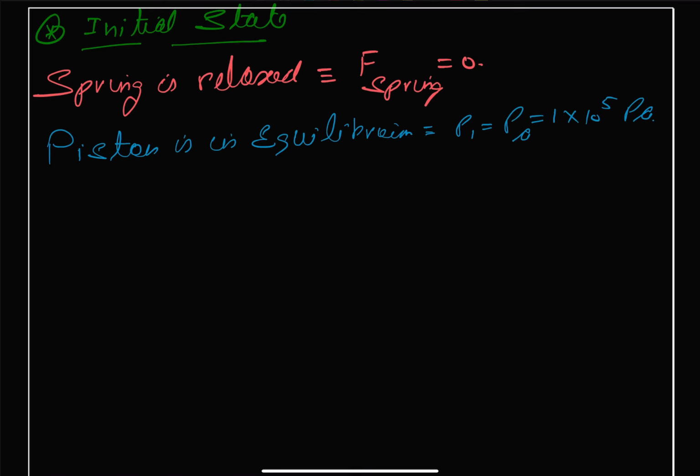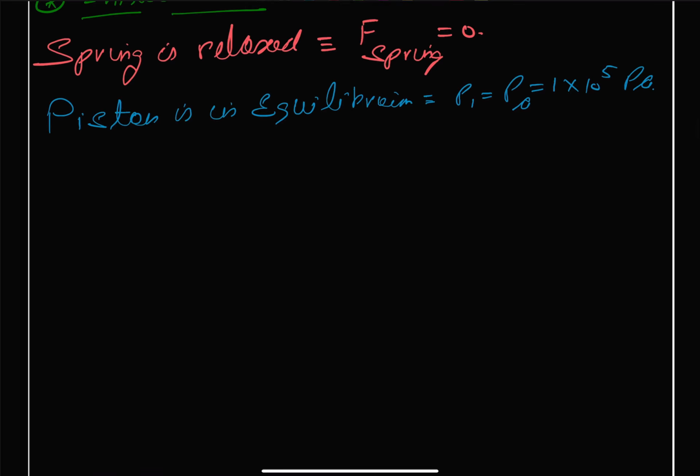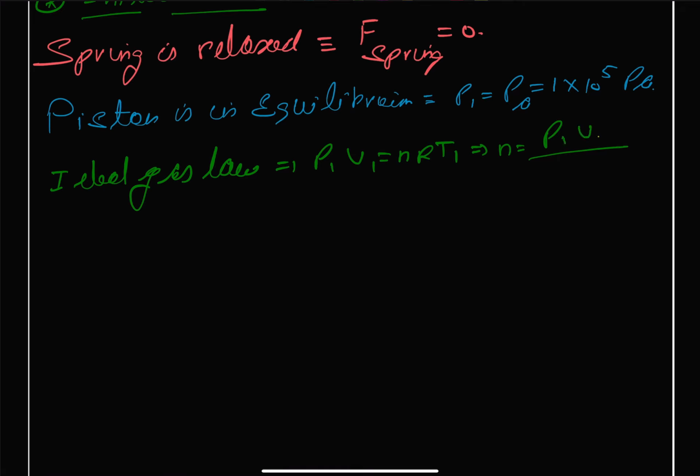pascals. And from here we are going to find the number of moles of the gas. For that we can use the ideal gas law, which is P1 V1 equals nR times T1. We can write the value of n as P1 V1 over R times T1.